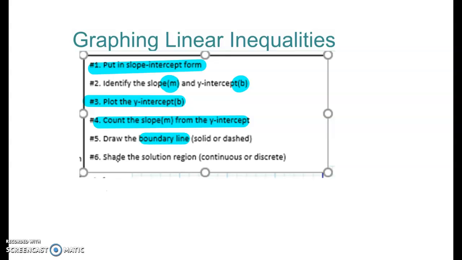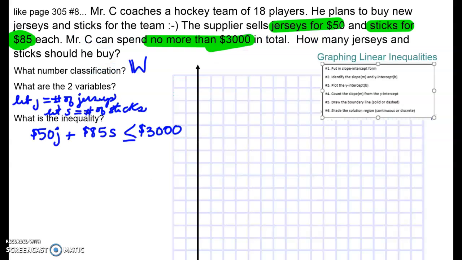In this case, it was greater than or equal, less than or equal to, so we're going to have a solid line. After drawing the boundary line, we are going to shade the solution region using the correct color. So if we flip back here, and again you can see that I have given you these steps right here to follow as we're doing this example.